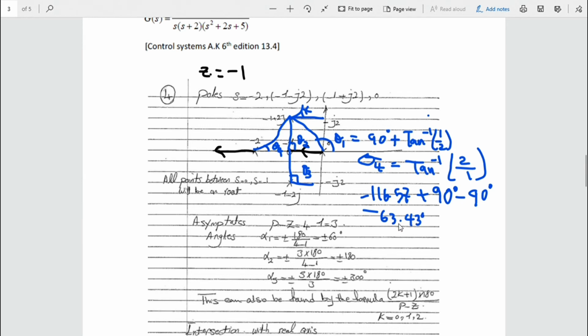Oh, here I've forgotten about this angle of departure that we are calculating. It is of a pole, so it will be minus x, which is equal to 180 degrees. If you solve for x, you'll get minus 360 degrees, and minus 360 degrees is the same as 0 degrees. So the angle of departure is equal to 0 degrees for this particular pole over here.